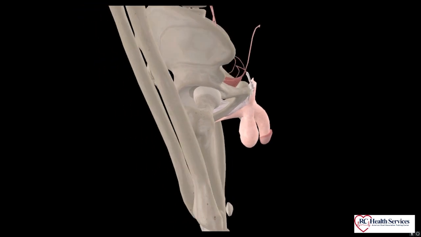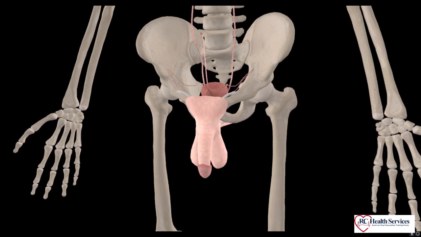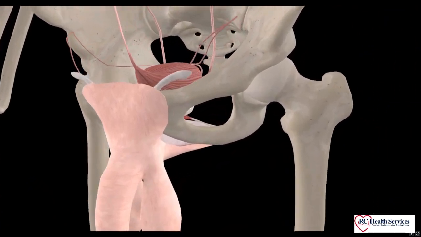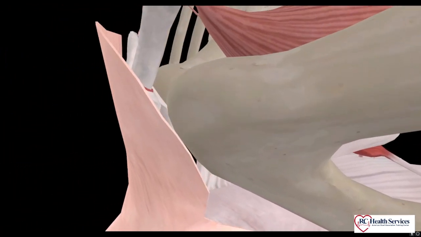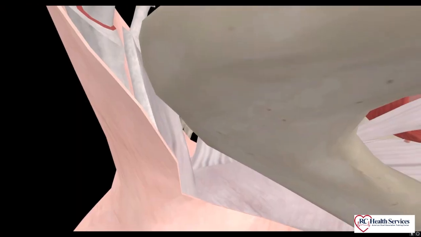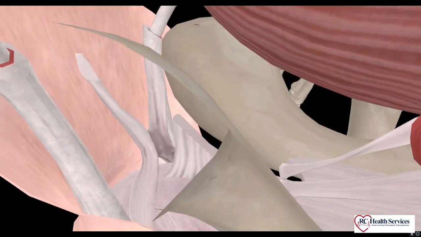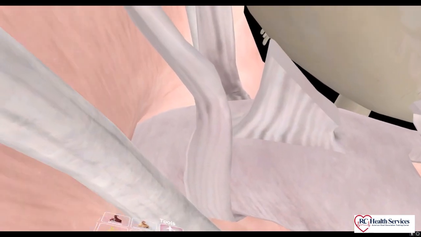From there, we also have the penis, which is going to house both the urethra and the sperm will also use their urethra as a way to move out of the body.